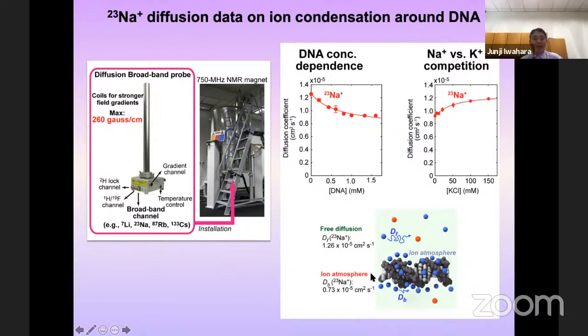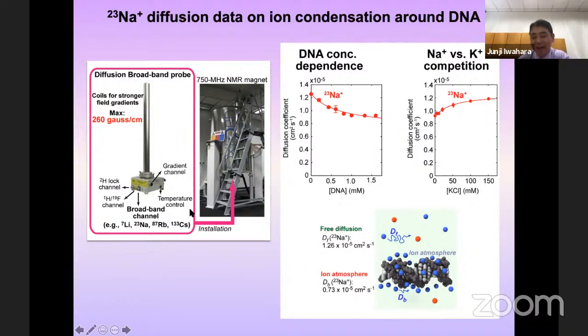Now, we are even trying to get another, custom-made diffusion probe that is capable of producing an even stronger gradient to observe chloride ions, because this probe cannot observe chloride ions.